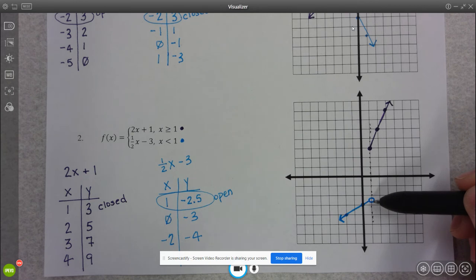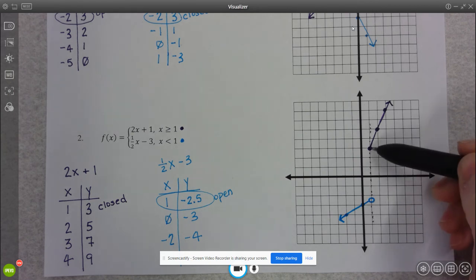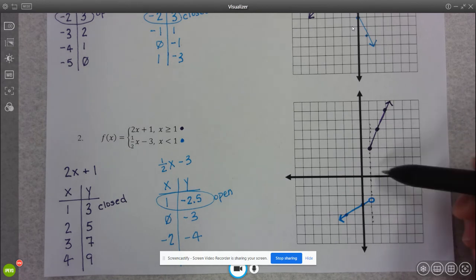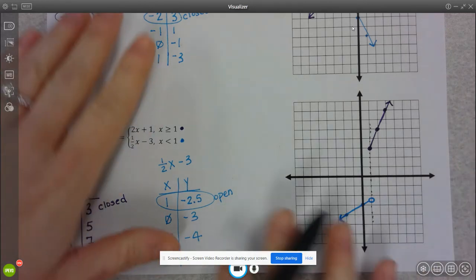It would be a less than symbol. This point does get included in my domain and range. So since I have an open and a closed circle on the same x value, this is still a function. It's a discontinuous function, but it is still a function.